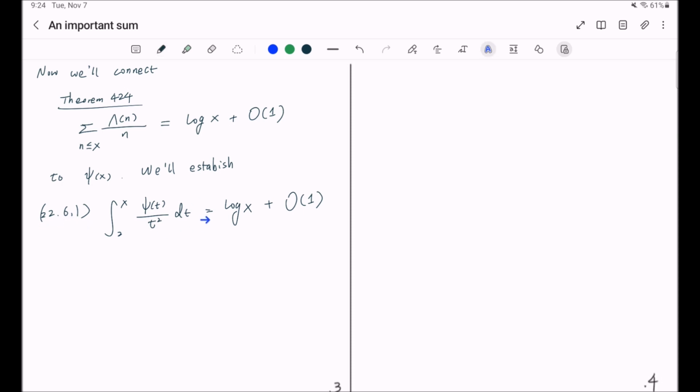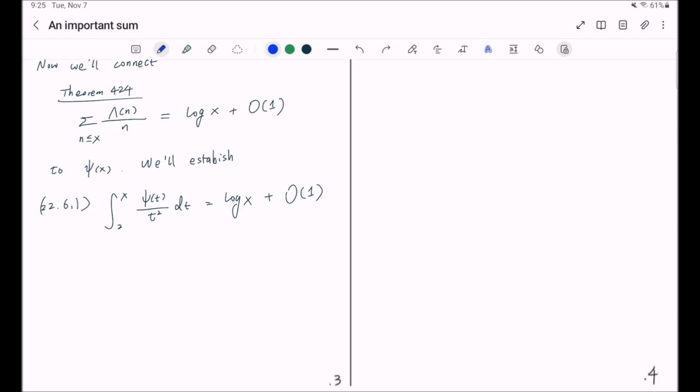To establish this, again we're going to use Abel's summation, or our theorem 421.